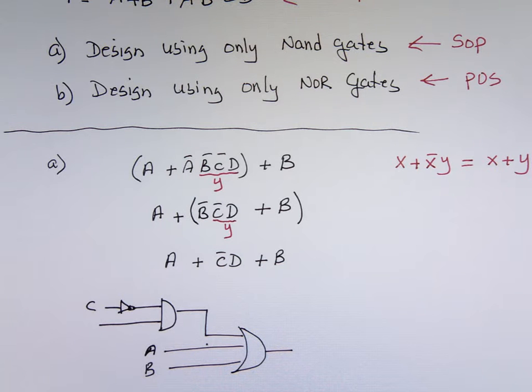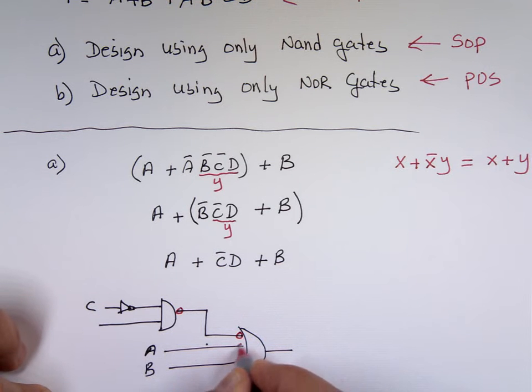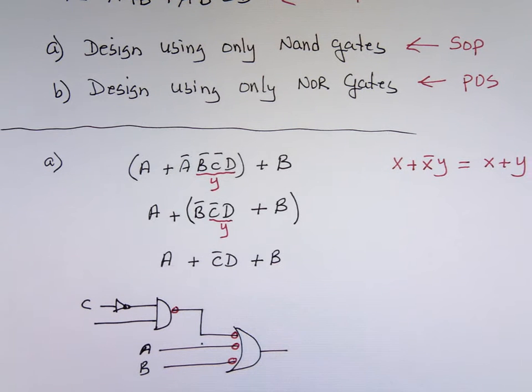Wait a minute. What will happen if I complement this, complement this, complement this? I can't complement these unless I go like this: double complement. Single complement is not good.